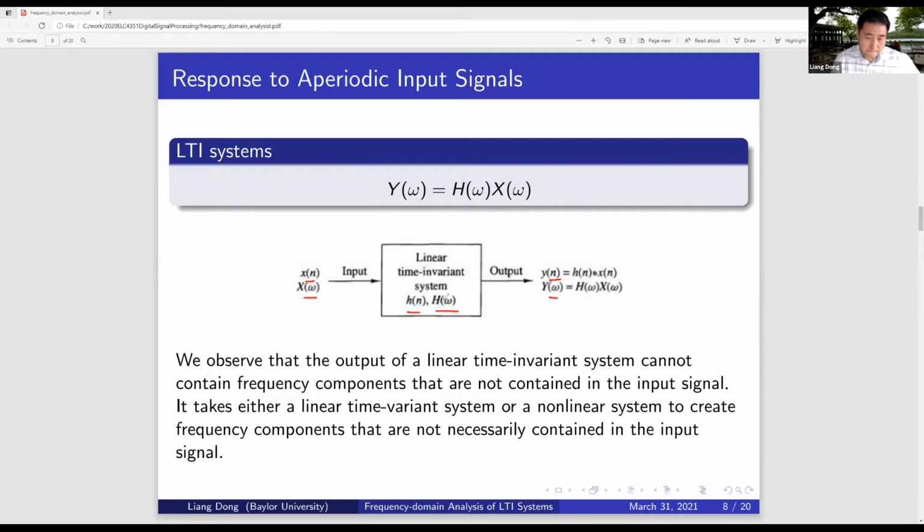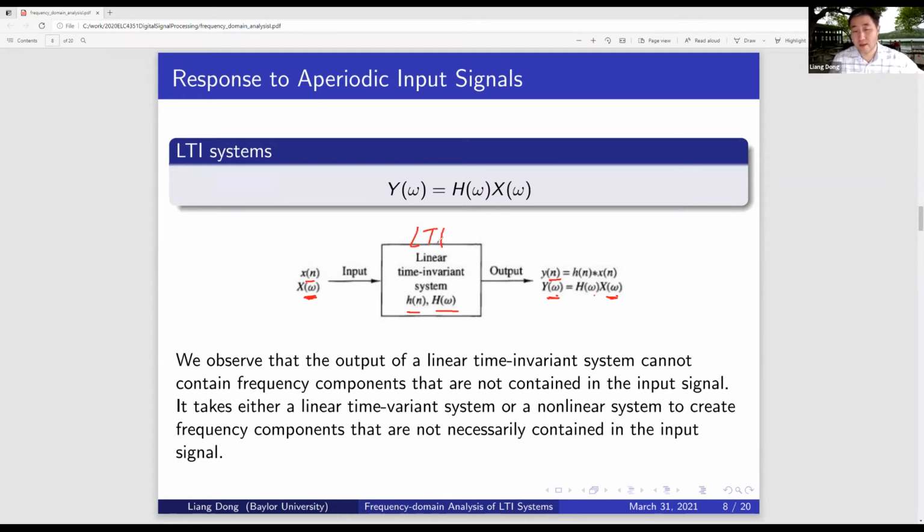So we have here the input signal X(omega), and then Y(omega), where this omega is the same omega. Then the output signal will have exactly the frequency components of the input signal if my system is an LTI system.